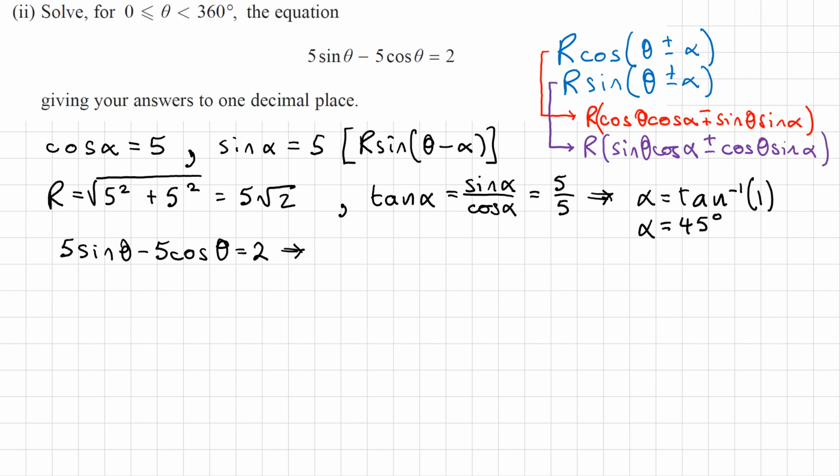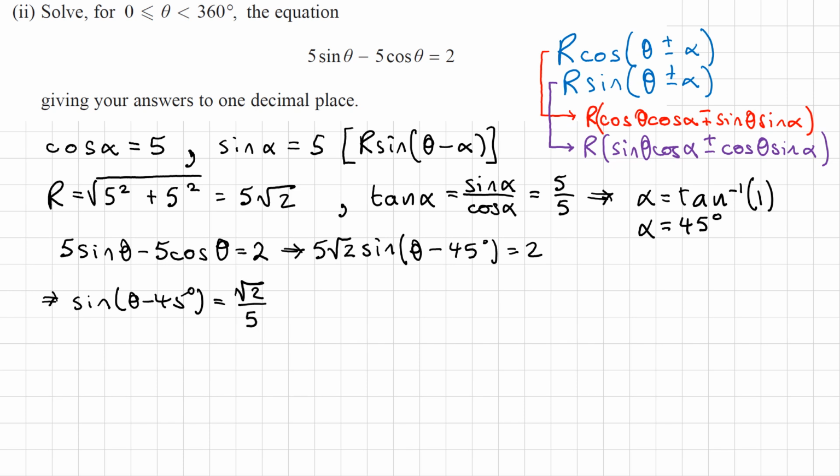R is 5 root 2, and then sine of theta minus 45 degrees is equal to 2. So this is the equation we're going to solve. Our first step is to divide both sides by 5 root 2. So that gives us sine of theta minus 45 degrees is equal to root 2 over 5.